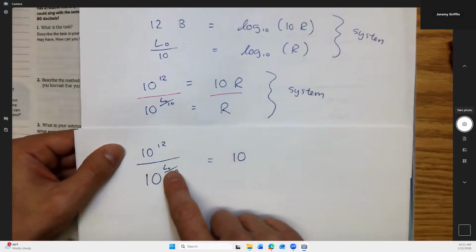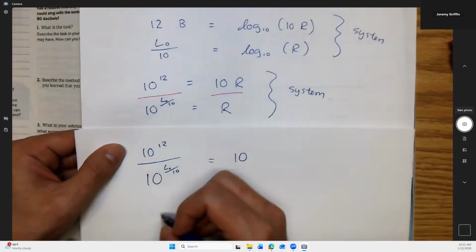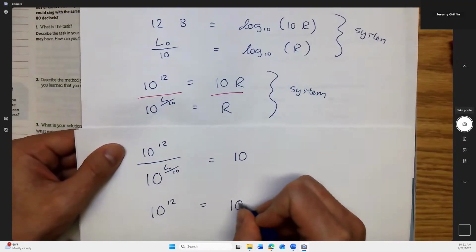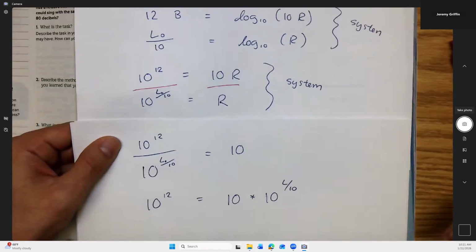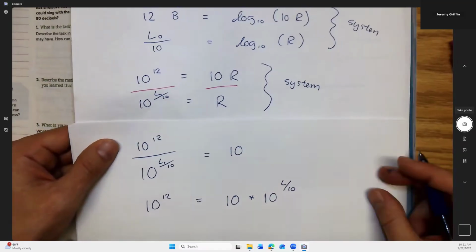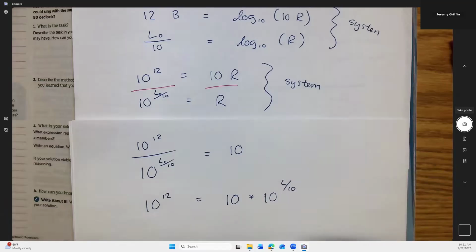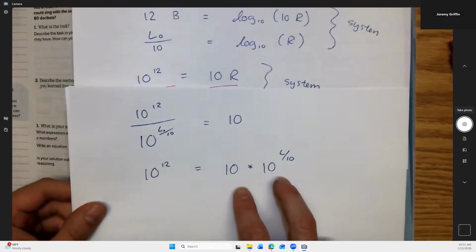Now I really want to get this L, so I'm going to cross multiply this. Well, what is the denominator of a fraction? I get 10 to the 12 equals 10 times 10 to the L over 10. There's a couple ways to handle this.